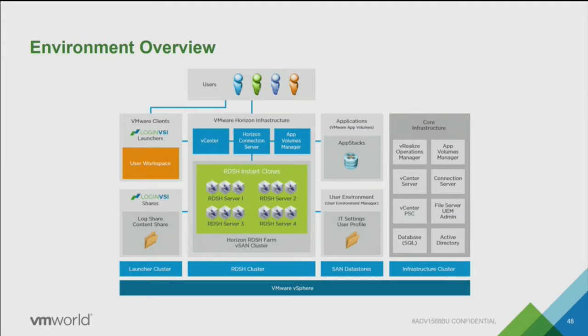That was 32 RDSH VMs that comprised that, to be able to serve up a workload of 700 users, as I'll go through in some of that data in a bit. And then finally, all the way to the left is the VSI cluster, which accommodates the clients and the launchers, as well as the VSI share and repositories where it logs out to.